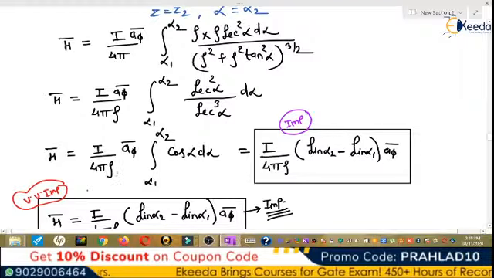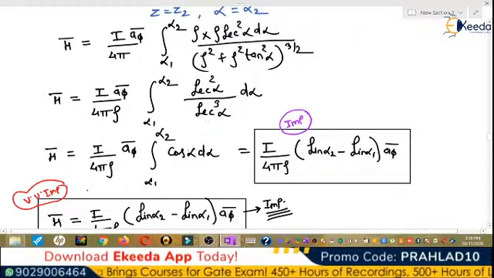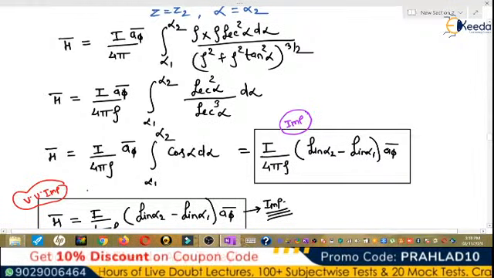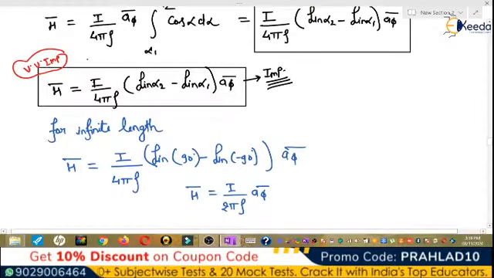So 1 upon sec alpha is cos alpha. So the integration of cos alpha is sine. So I upon 4 pi rho, sine alpha 2 minus sine alpha 1, a phi vector. So this is our answer. So H vector is I by 4 pi rho, sine alpha 2 minus sine alpha 1, a phi vector.